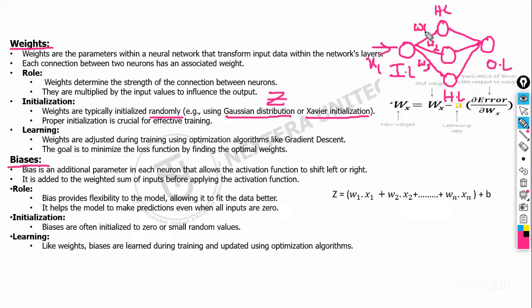Right. So initially, the inputs get multiplied. That's okay. You'll get this weighted sum, and that will be passed to the activation function, and the process continues. But when they actually get updated as part of learning, it uses optimization algorithms like gradient descent. What is gradient descent? Hold on, we'll understand.